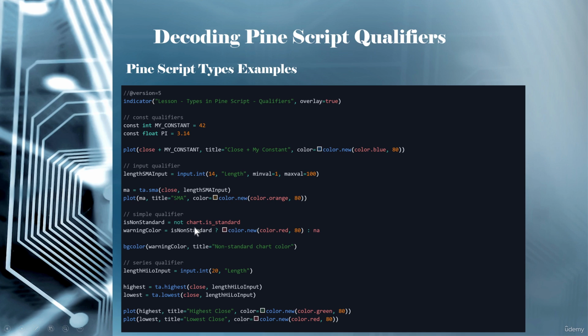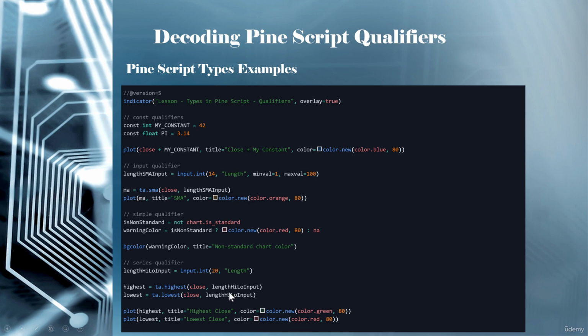We assign to this variable the value of the property chart.isStandard. This setting is set and known right at the first bar of the chart. Therefore, this is an example of the simple qualifier assigned to this variable.